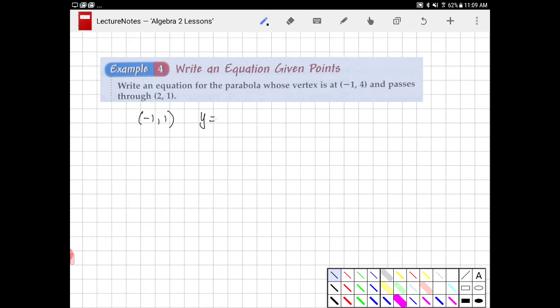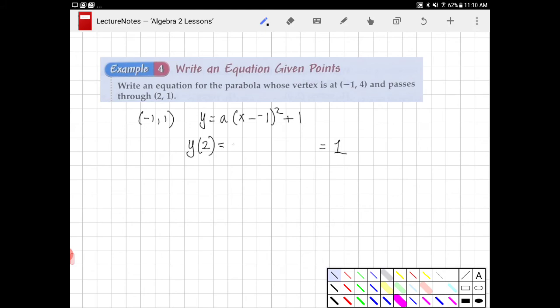So immediately I know that the equation is y is equal to a times x minus negative 1, quantity squared, plus 1. And I know that it passes through 2, comma 1, which means if I substitute 2 into the function here, I will end up equaling 1. That's the y-coordinate.